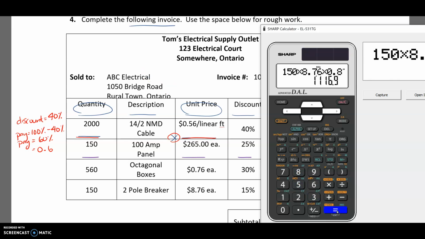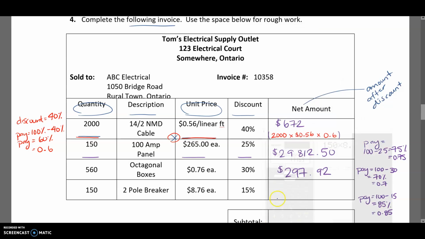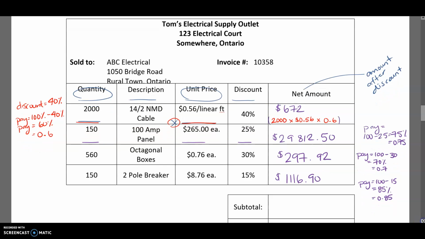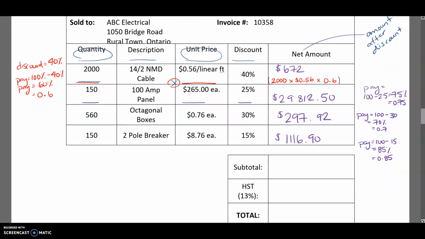And I get $1,106.90. Sorry, $1,116.90. Once all of those discounts are calculated, we can continue with the invoice.